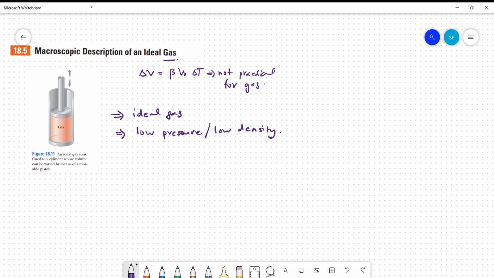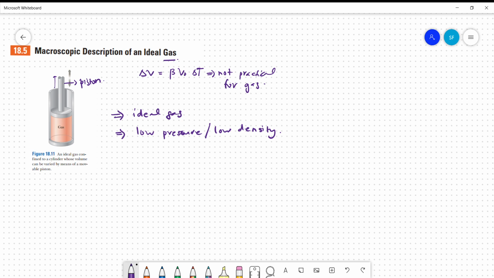If we press or expand the piston slowly, then we can keep the pressure of the gas at a very small value. So we change the volume by pushing up or pushing down the piston here. We push it slowly so that we can maintain the low pressure of the gas inside it.